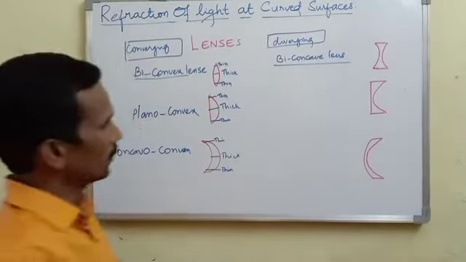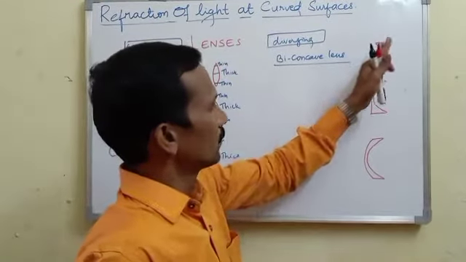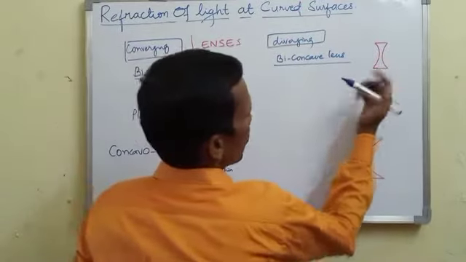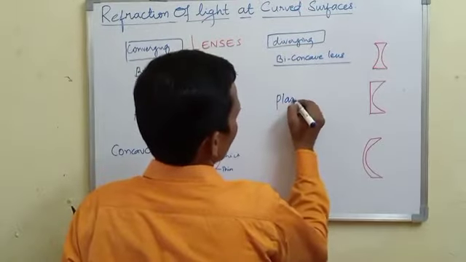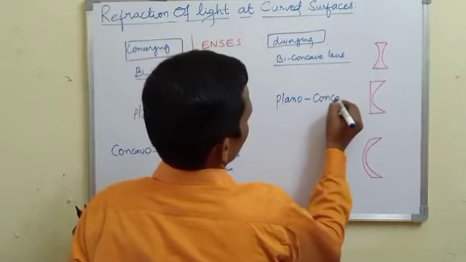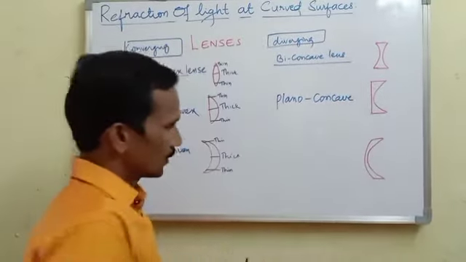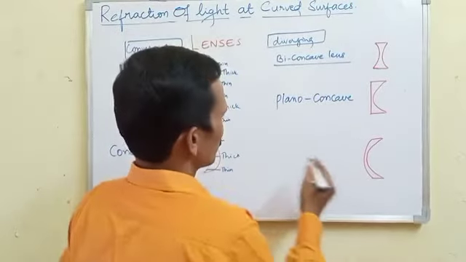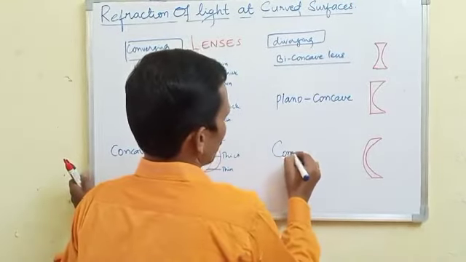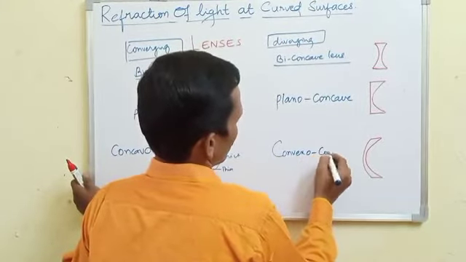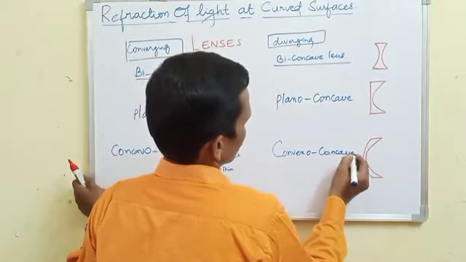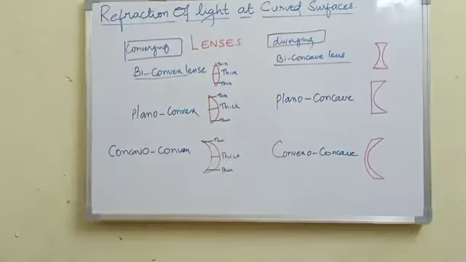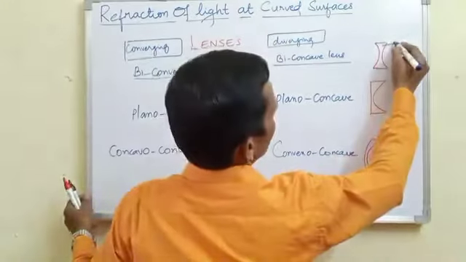Dear students, observe here, this is curved inside on both sides, that is the biconcave lens. Here one side is plane, so it is the plano concave lens. It is curved inside here, so this is the convexo concave lens.